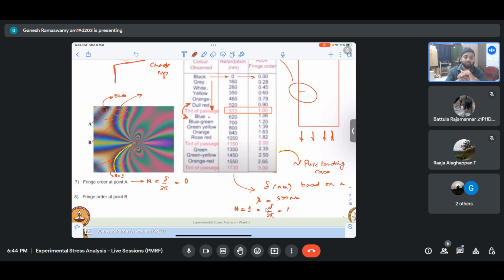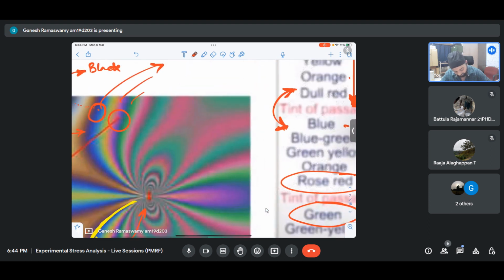So if this is 1, this is 2, then we are able to see that from rose red to green, we are having pinkish to green. So this fringe essentially is nothing but our fringe order 2.